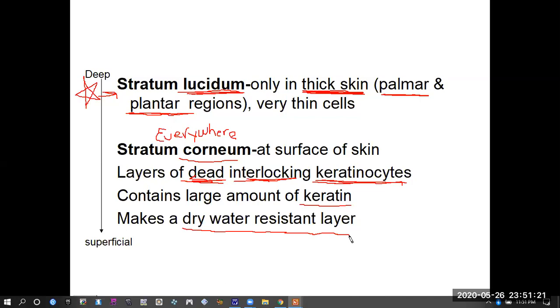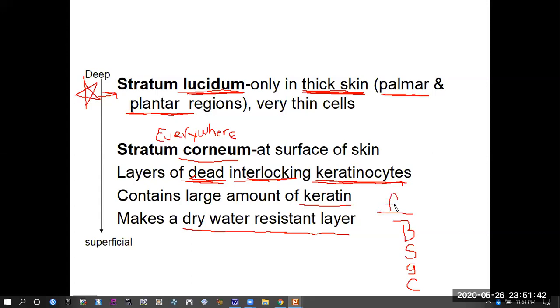So we see that there's the possibility of up to 5 layers of the epidermis. For example, the epidermis on our face would start with a stratum basale, stratum spinosum, stratum granulosum, and then a stratum corneum.